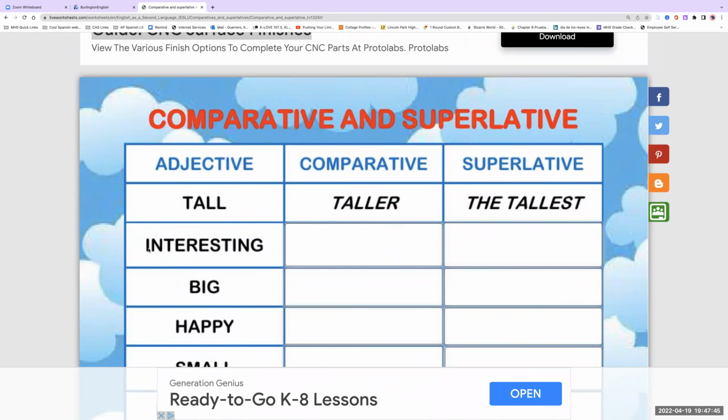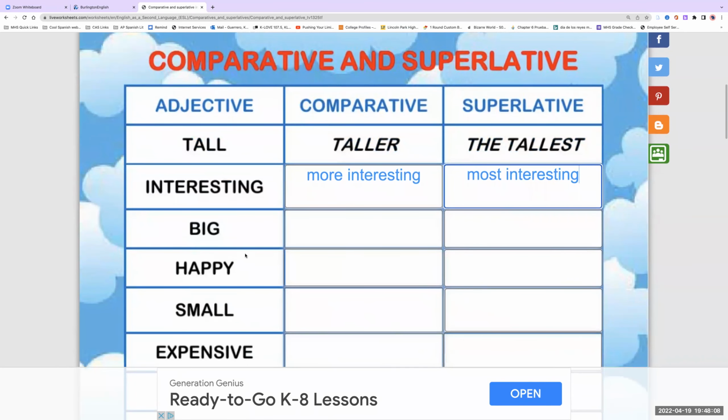If our words are long, we put more or less. So here, we don't say interesting, we say more interesting. Superlative, it's the most interesting. So look, tall, taller, the tallest.